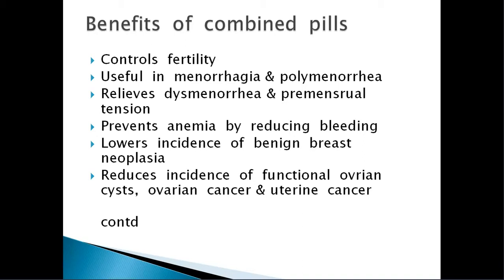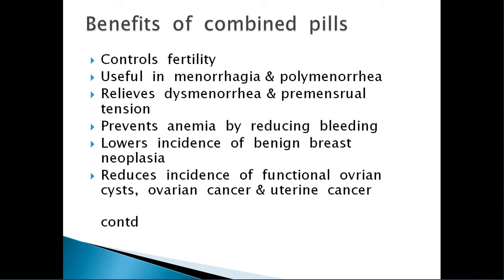I told you the progesterone causes atrophy of the endometrium, suppresses the endometrium. So, endometrial hyperplasia and cystic glandular hyperplasia of the endometrium are suppressed, prevented. So, menorrhagia is controlled. Polymenorrhea is corrected. What is polymenorrhea? Polymenorrhea is where more frequent menstruation is occurring. When the menstrual cycle is less than 21 days, we call it polymenorrhea.